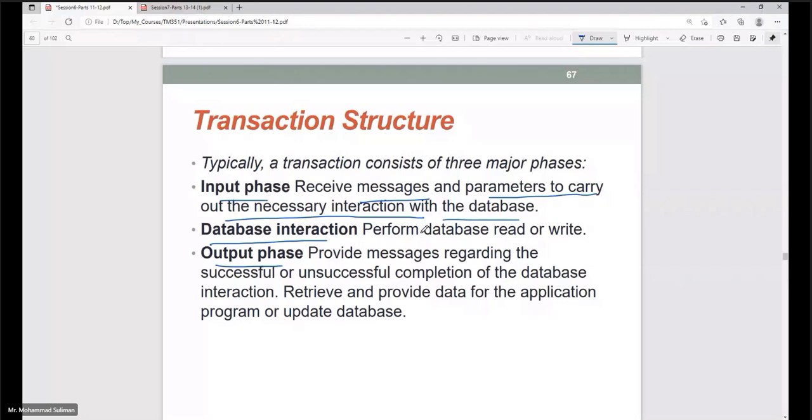Database interaction performs the database read and write. Output phase provides a message regarding the successful or unsuccessful completion of the database interaction. It retrieves and provides data for the application program and updates the database. So three phases: input, where we give some data to the transaction, database interaction, and then output.